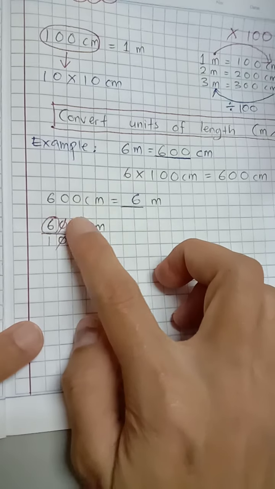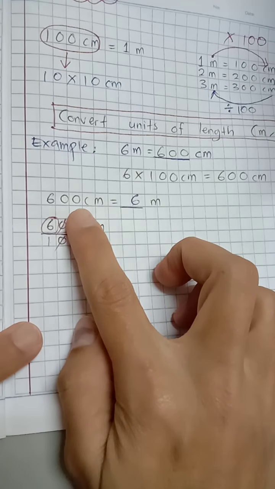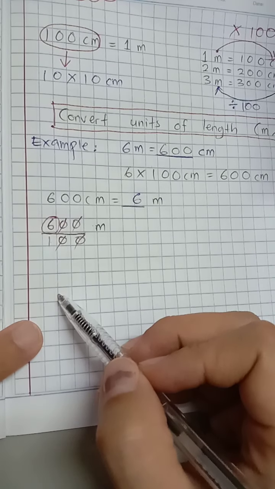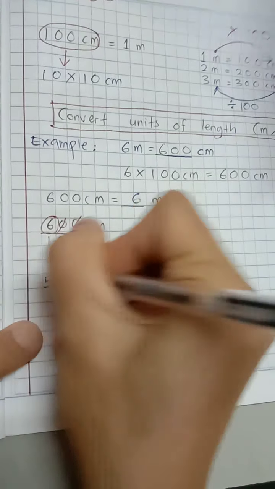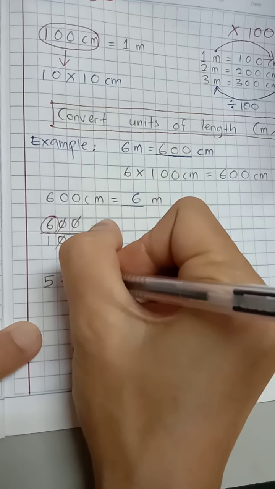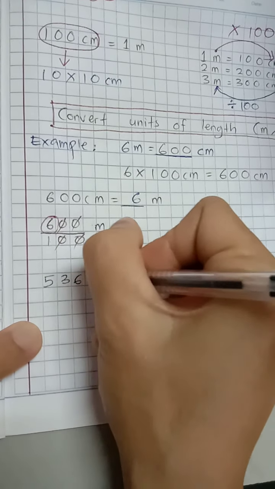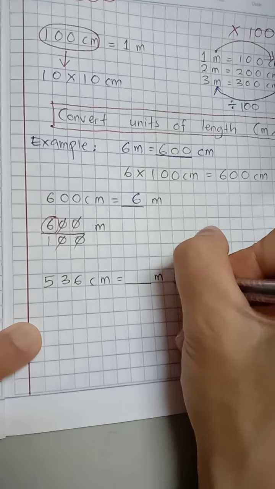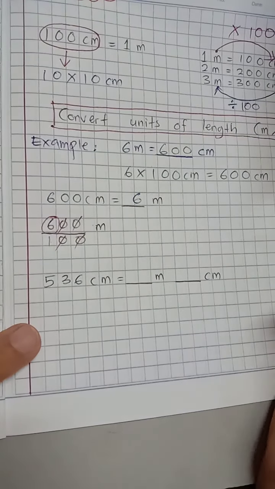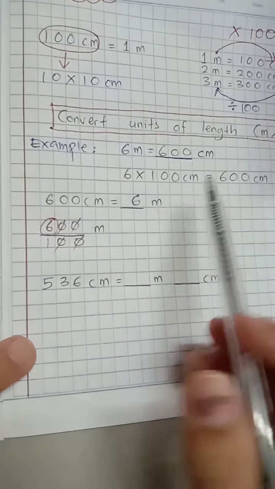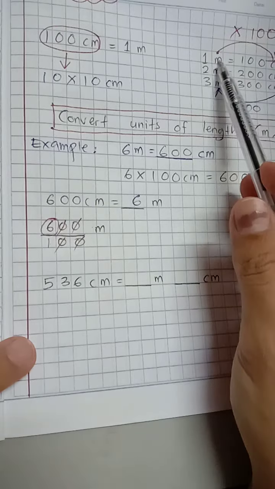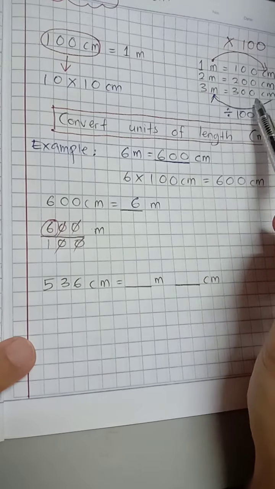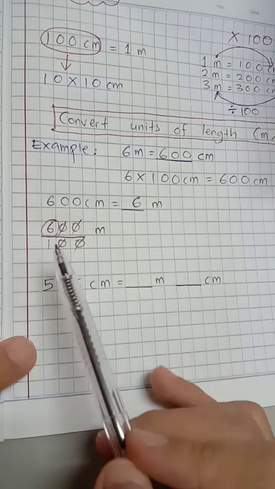Now, let me show you another example. Let's say the length is more than 600. I'm going to choose 536 centimeter. We're going to convert this to meter and centimeter. If you look at the pattern, 1 is 100, 2 is 200, 3 is 300, and so on.